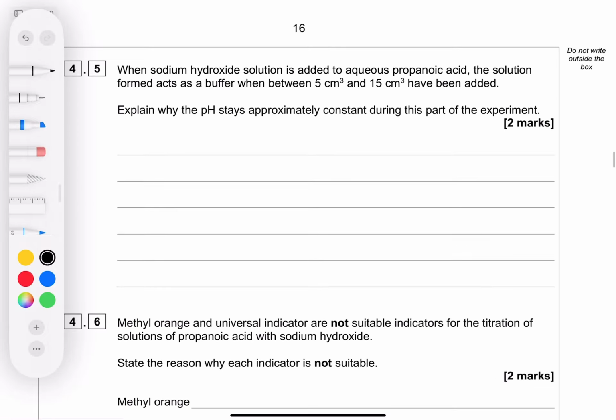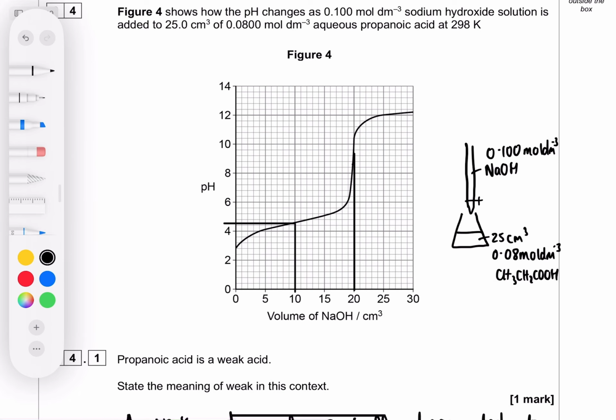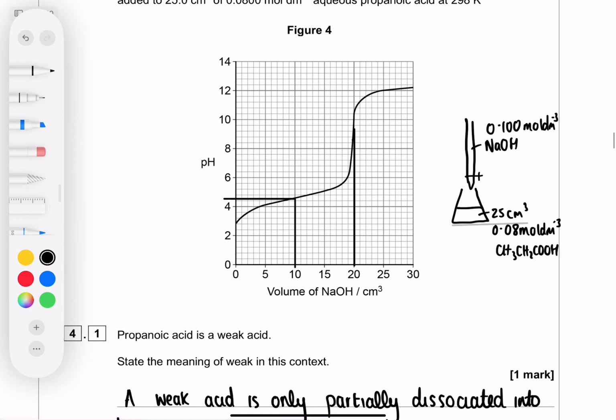When sodium hydroxide solution is added to aqueous propanoic acid, the solution formed acts as a buffer when between 5 and 15 centimetres cubed have been added. Explain why the pH stays approximately constant during this part of the experiment. If we go back to the graph, this is why it's almost flat between 5 and 15. It's not changing very much.